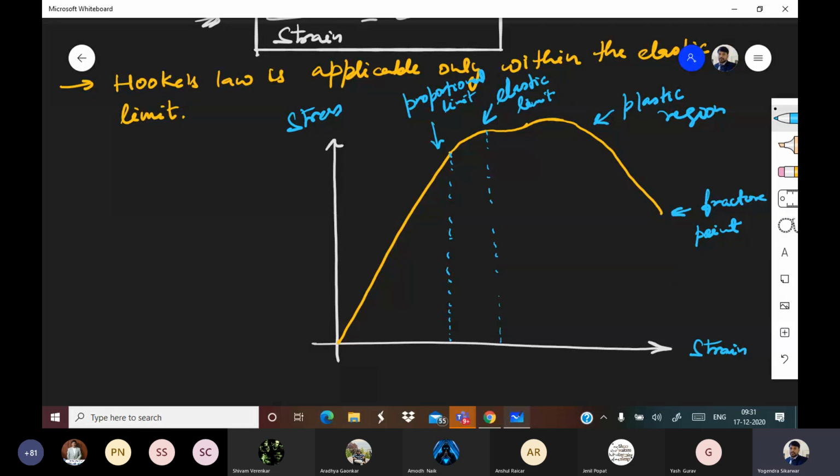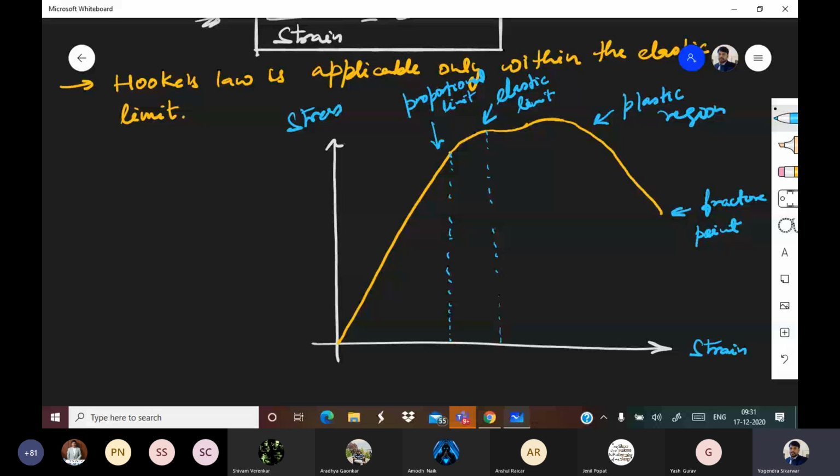Now when you have reached the proportional limit, and you go beyond that, what will happen? When you are increasing the stress, strain will increase, but not proportionally. All right. Beyond that, suppose you have reached up to the elastic limit. Now what is the meaning of the elastic limit?